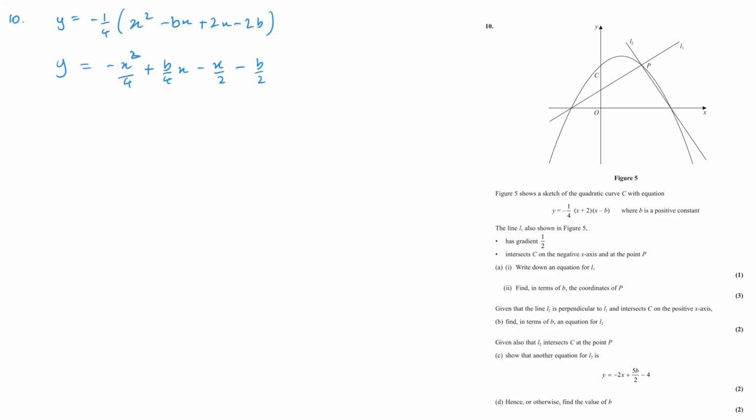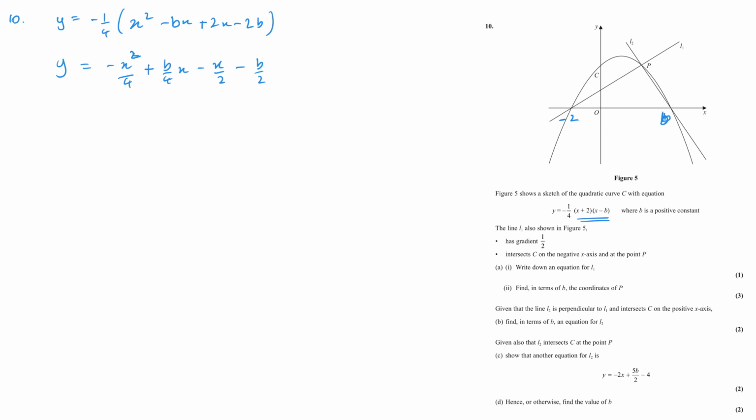Okay. There wasn't much need to do the expanding there. So these two mean that this is at minus 2 and this is the coordinate B.